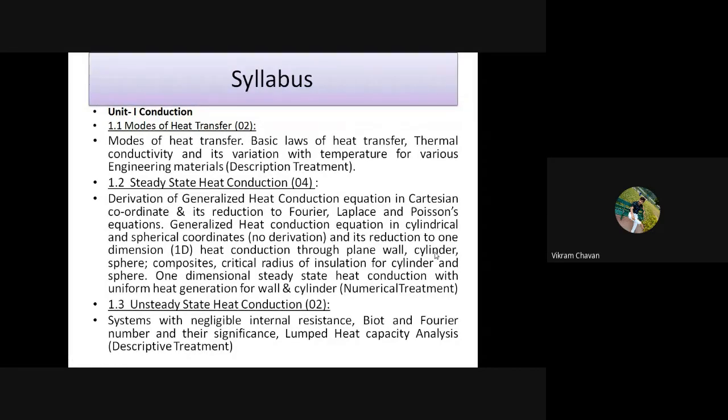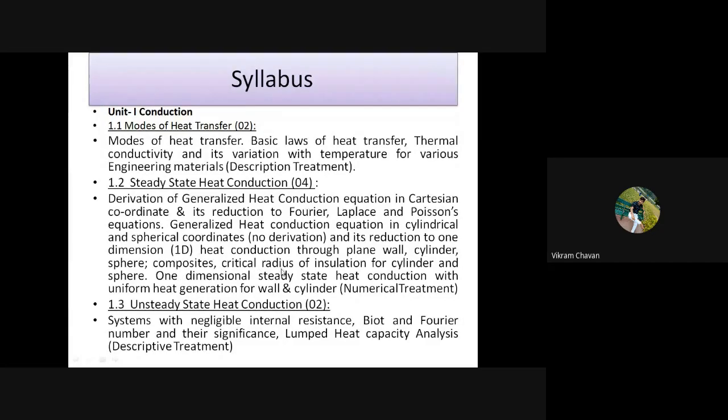These derivations are 3D derivations, and further we are reducing to one dimensional heat transfer. Okay, so this one dimensional is useful for plain wall, then cylinder, then sphere, then composite wall, then composite cylinder, then composite sphere.